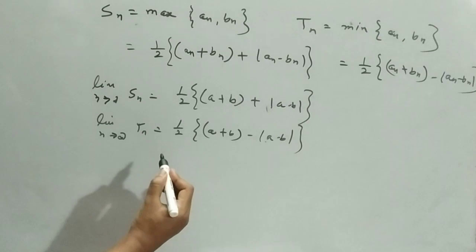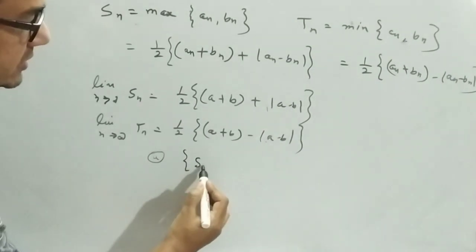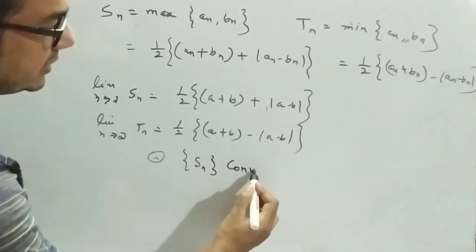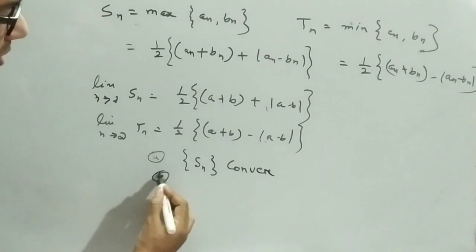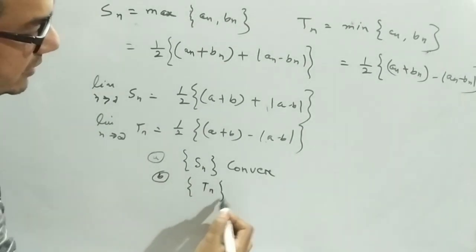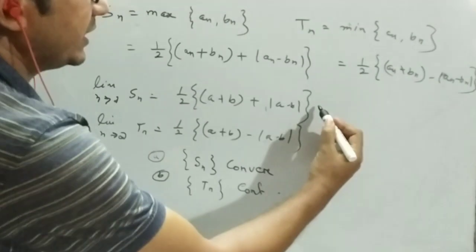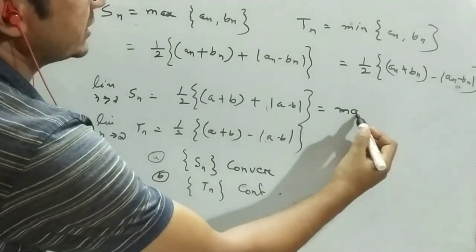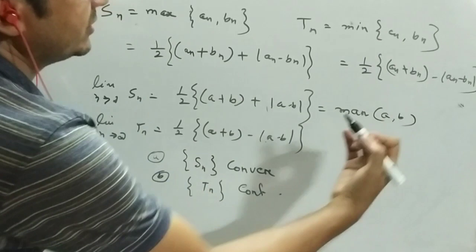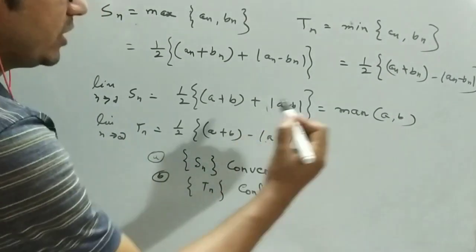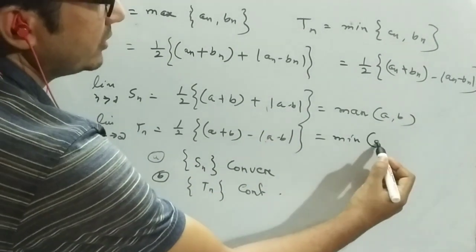So first option A, sequence Sn convergent. Option B, sequence Tn convergent. Also this can be written as max of a, b, and this also can be written as min of a, b.